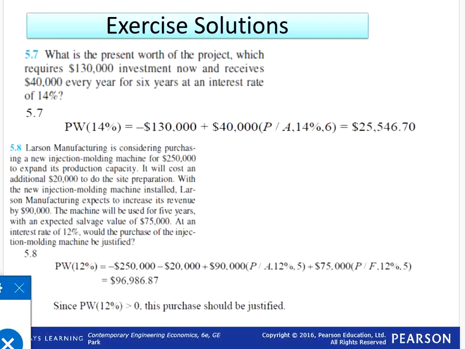Now I'll go to exercise 5.7 and 5.8. First I'll go for exercise 5.7.